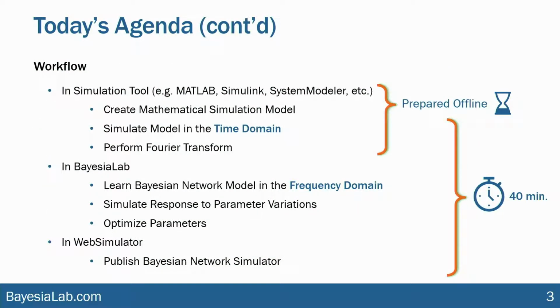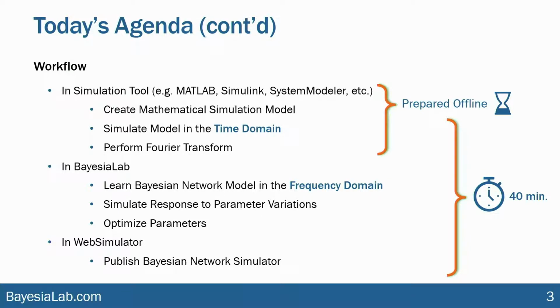So here's our actual workflow. I will tell you about the principal technical simulation, which I've prepared offline because it takes a while to perform. And this is the simulation that we will then approximate with a Bayesian network model. I will show you how we can machine learn such a Bayesian network model with BayesiaLab.